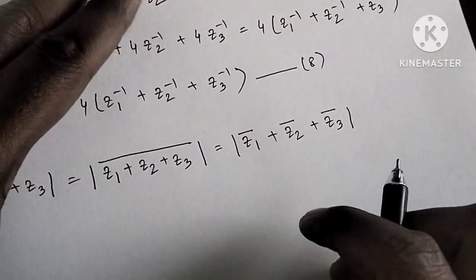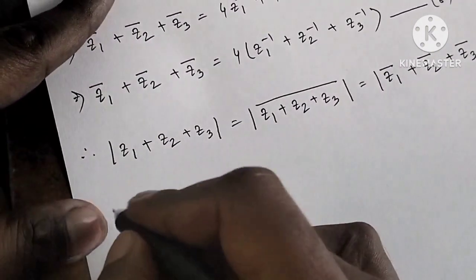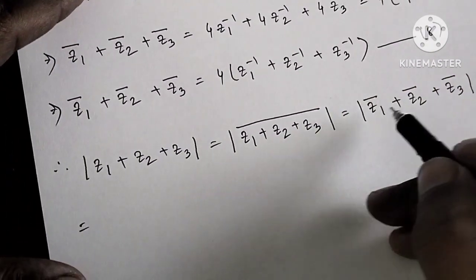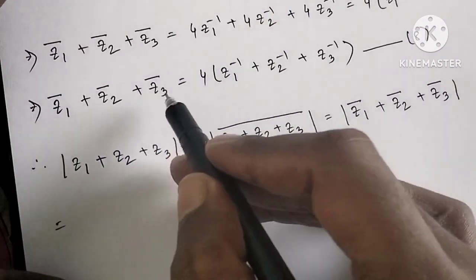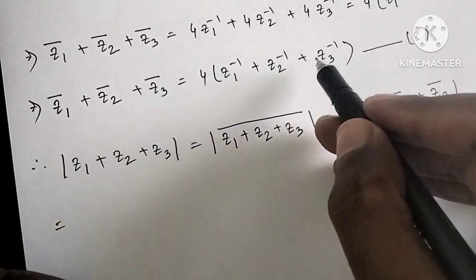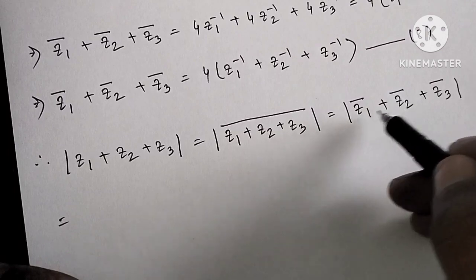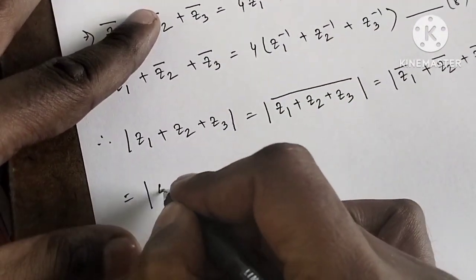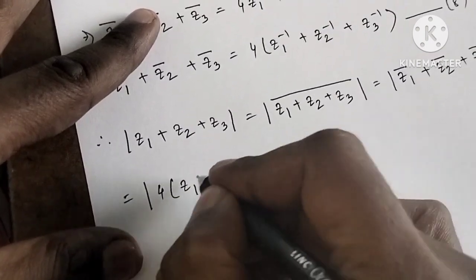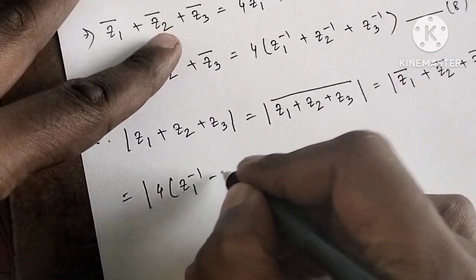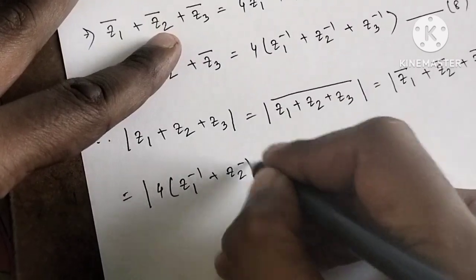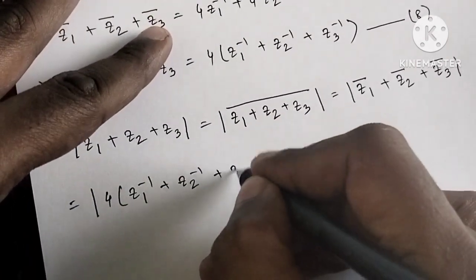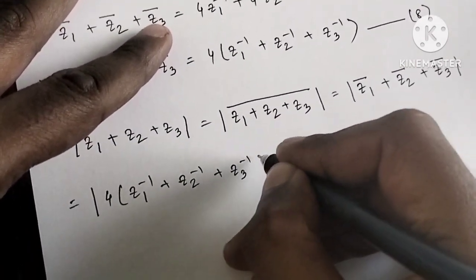We will replace this with 4 times z1 to the power minus 1 plus z2 to the power minus 1 plus z3 to the power minus 1.